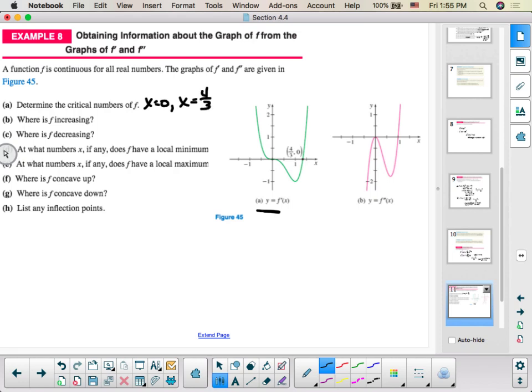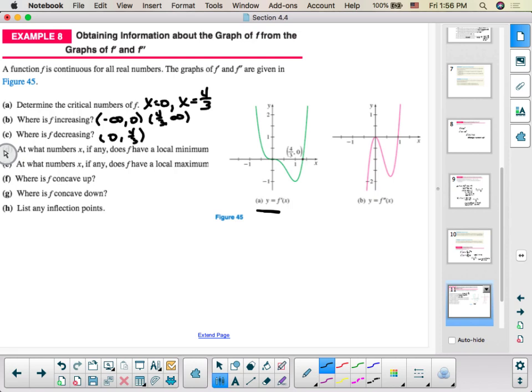Increasing where the derivative is positive, and so that happens between negative infinity and 0, and then that also happens between 4/3 and infinity. Decreasing where the derivative is negative, so that happens between 0 and 4/3.